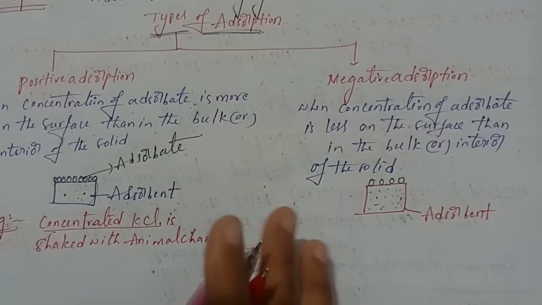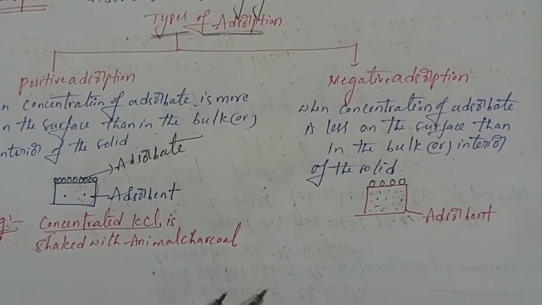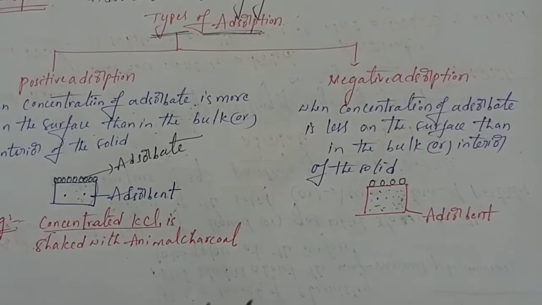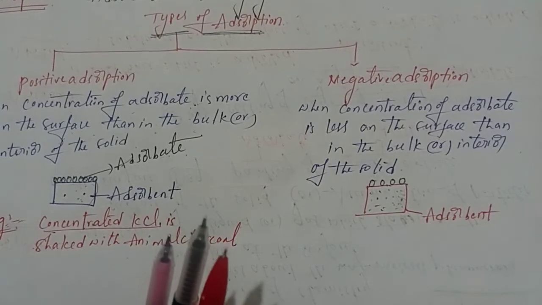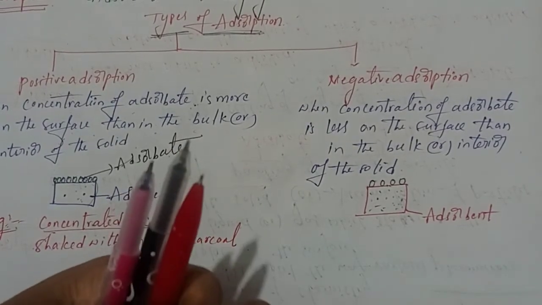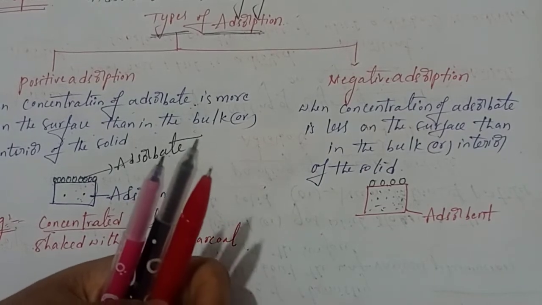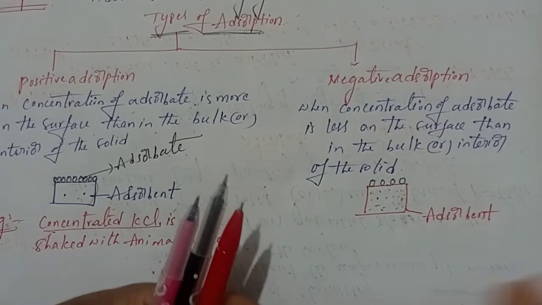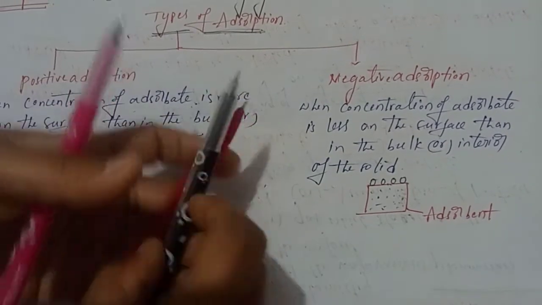What is this animal charcoal? Animal charcoal is nothing but it is obtained by the calcining of bones in a closed vessel. Are you following? Calcining of bones. Which bones? Animal bones. Understanding? So calcining bones in a closed vessel. What is calcination, students?